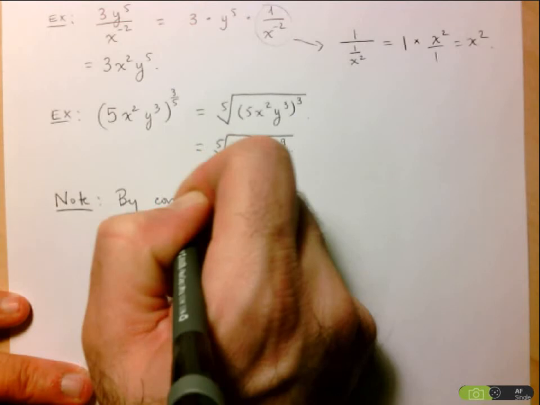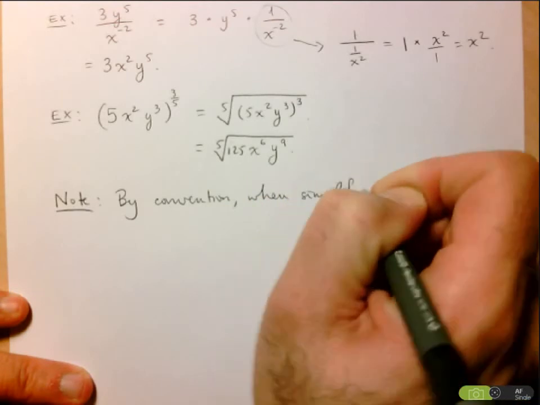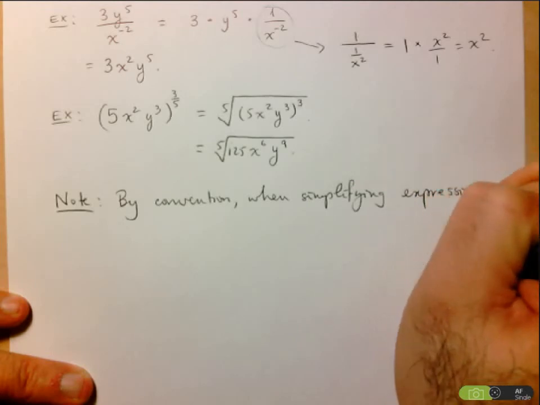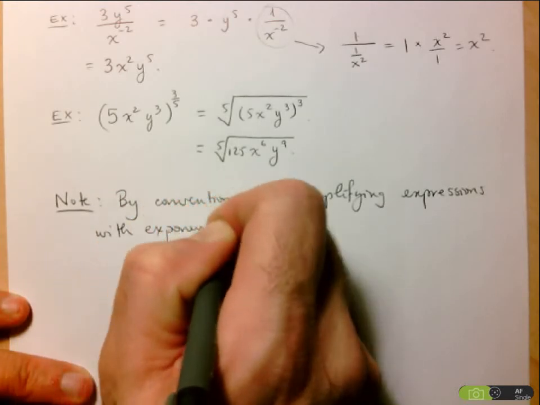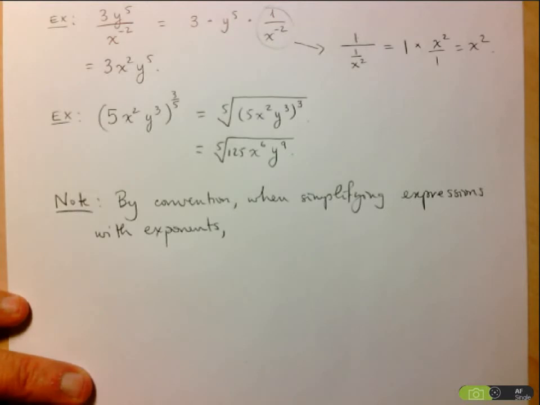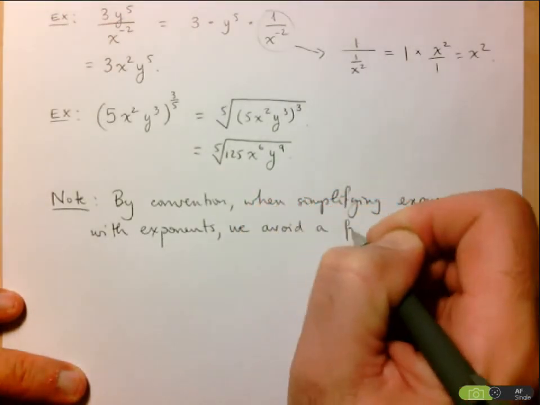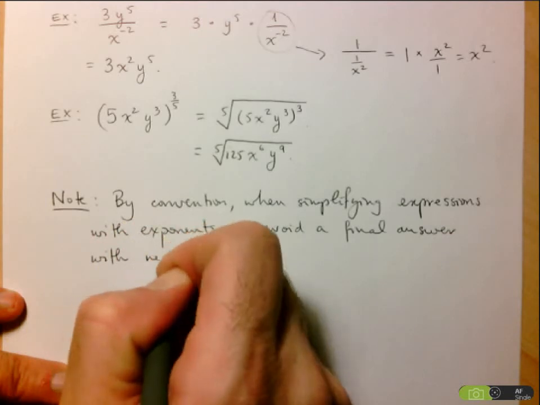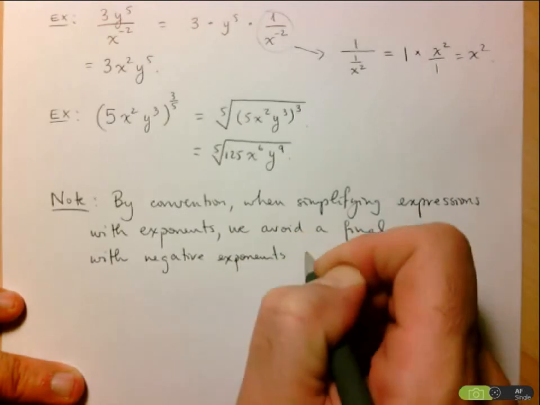By convention, when simplifying expressions with exponents, we always avoid giving a final answer with negative exponents or fractional exponents.